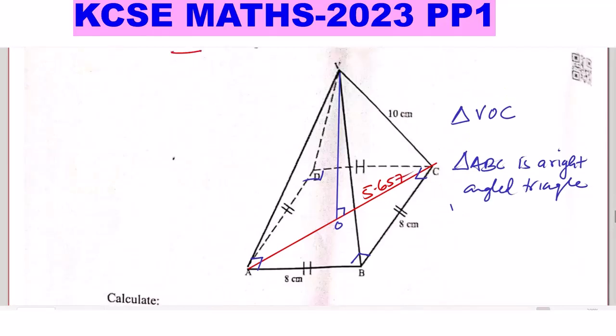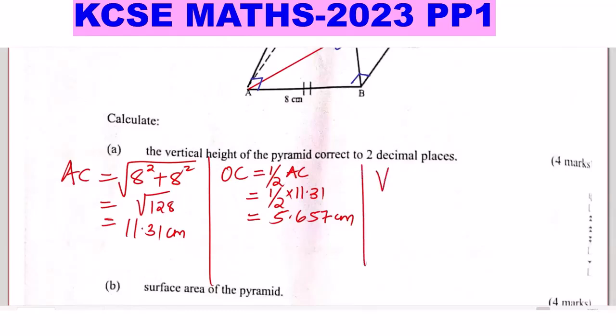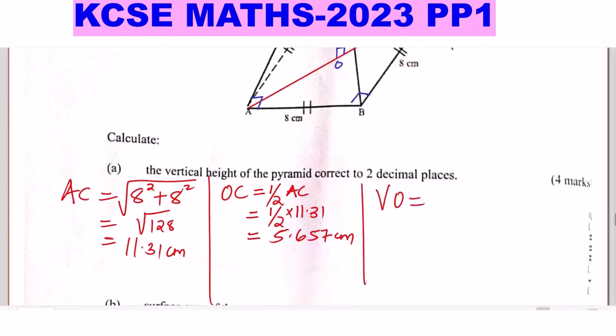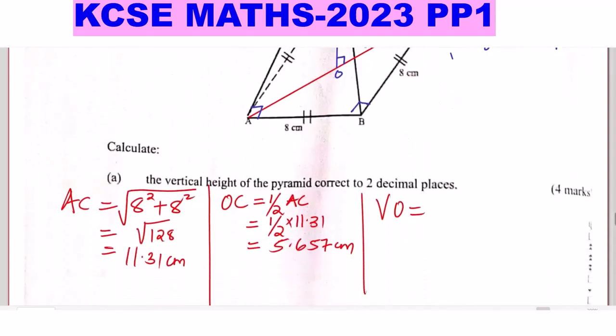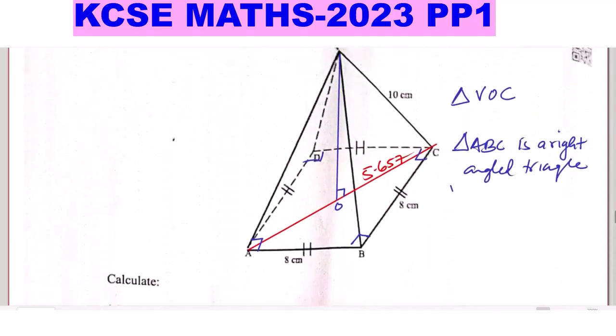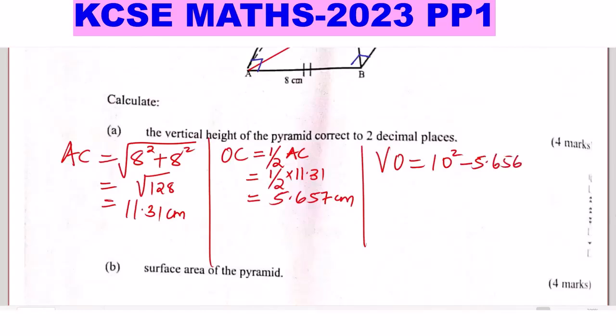Now in that right angled triangle VOC, we can calculate the height using Pythagoras theorem. So VO, which is the height, will be given by, we consider that triangle VOC, hypotenuse is 10, so it will be the square root of 10 squared minus OC squared, 5.656 squared.